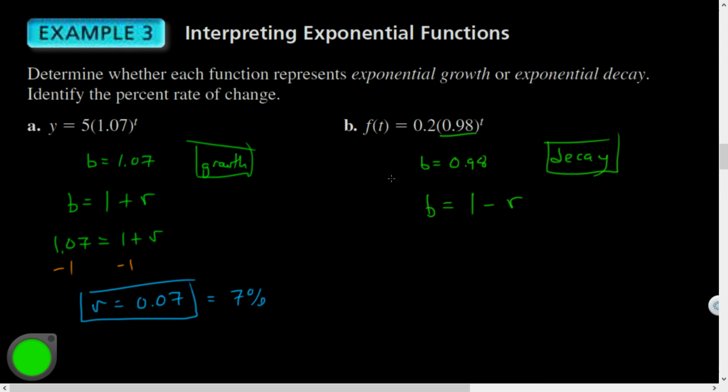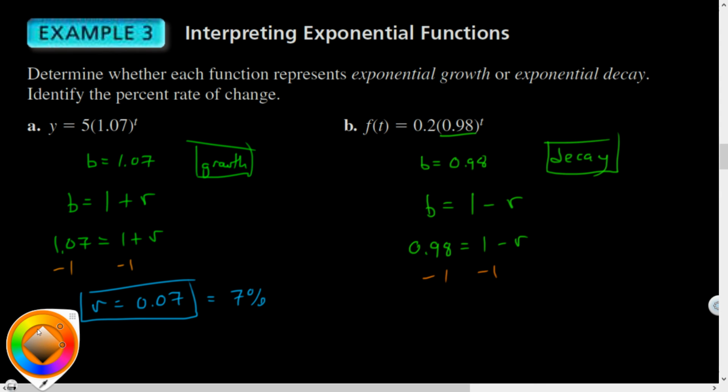If I only paid 98% of the cost for Pokemon Sun, what was the discount? It was a 2% discount. And we're going to see that our logic of 2% is going to work out here. If I do 0.98 equals 1 minus r and solve, subtract 1 from both sides, I would end up getting 0.98 minus 1.